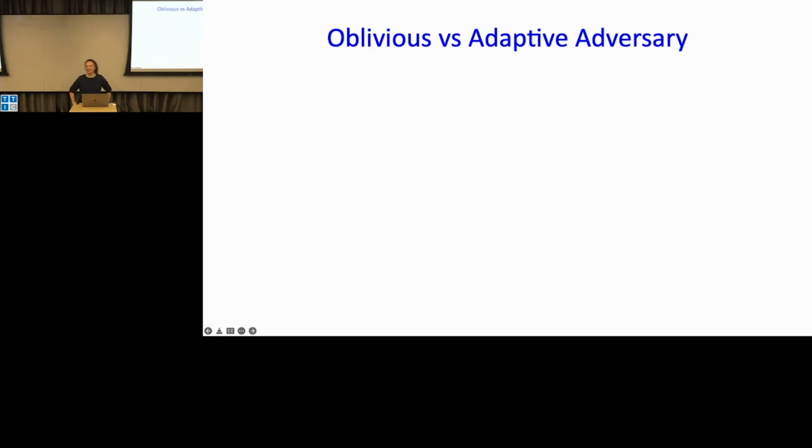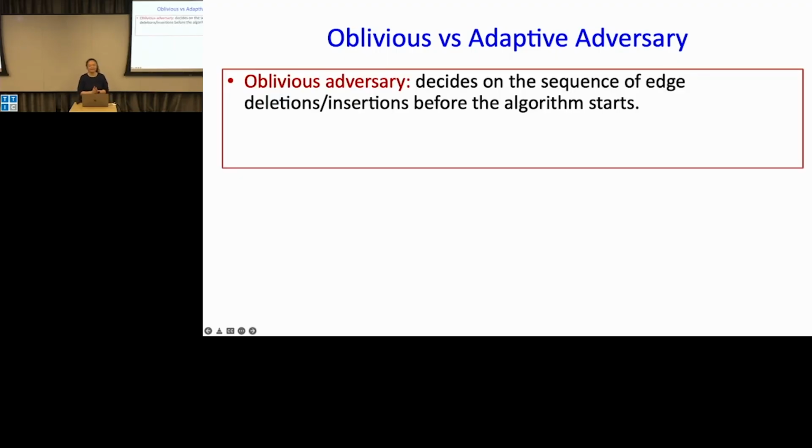One more thing that's important to know about dynamic algorithms is it's important to distinguish between the oblivious and adaptive adversary settings. The way we think about this, there is our graph G, and there is a malicious adversary who comes and starts deleting edges and inserting edges. In the oblivious adversary setting, the adversary needs to decide on the sequence of edge insertions and deletions before the algorithm starts.